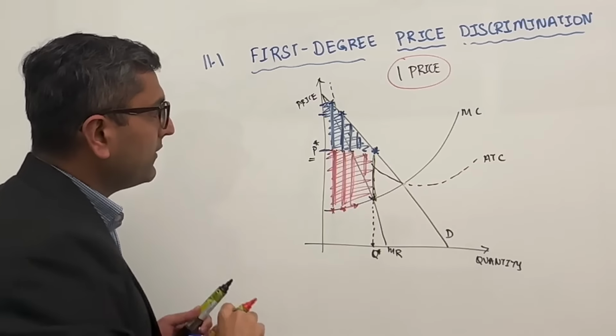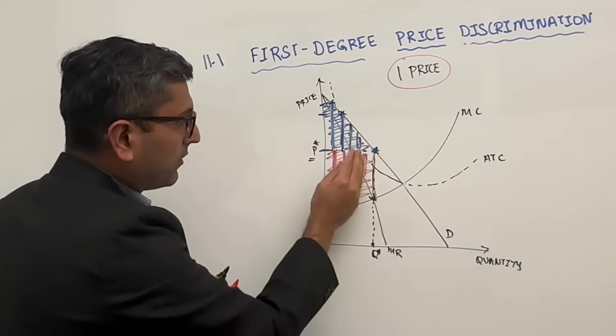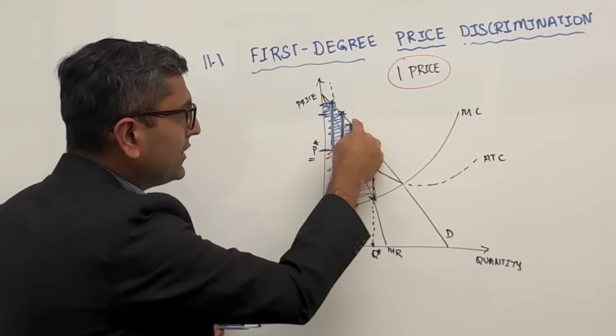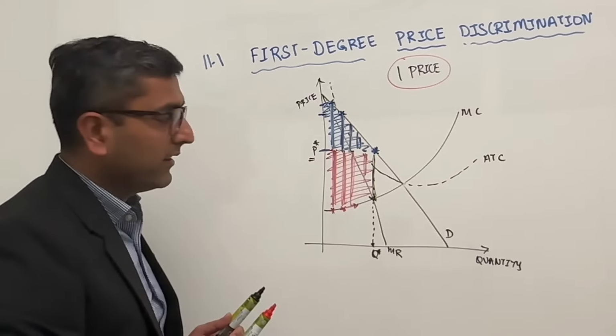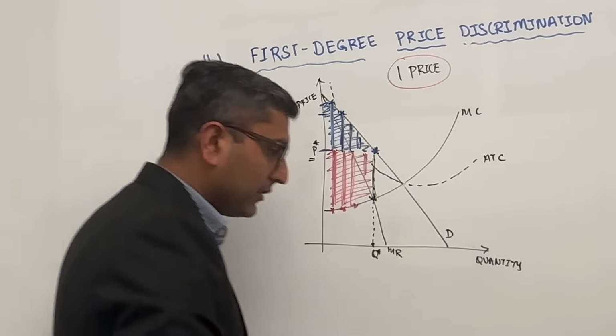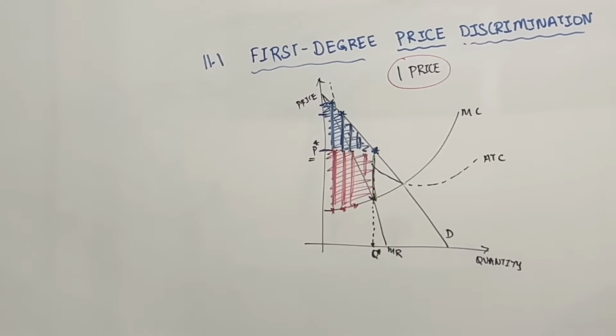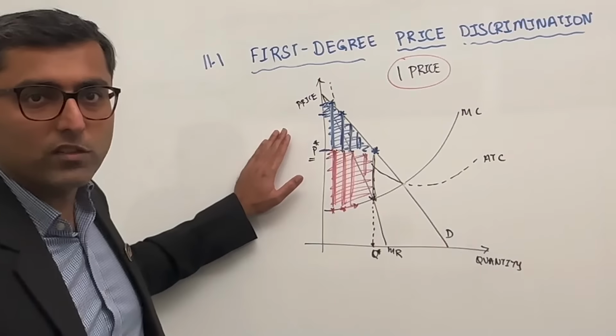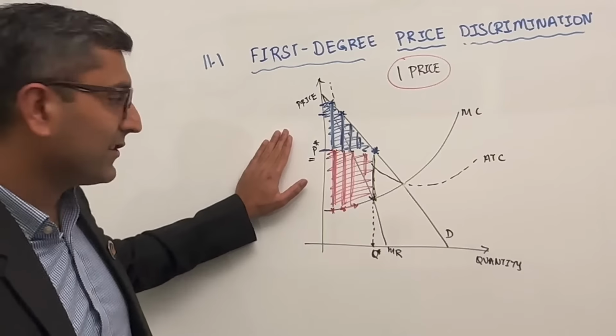So now imagine if the producer, who has much higher power, can sell at each of these data points. Then what would happen? Then we should redraw this. And now we are getting into price discrimination, so first degree price discrimination.